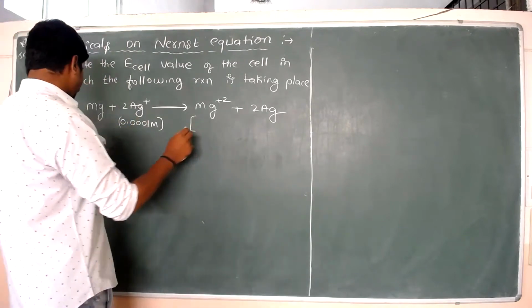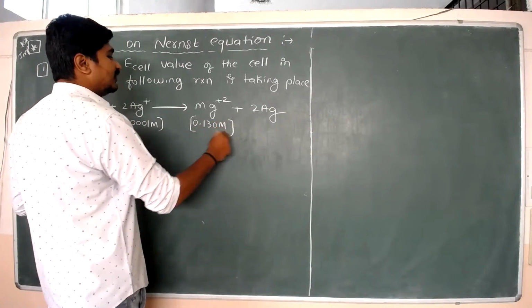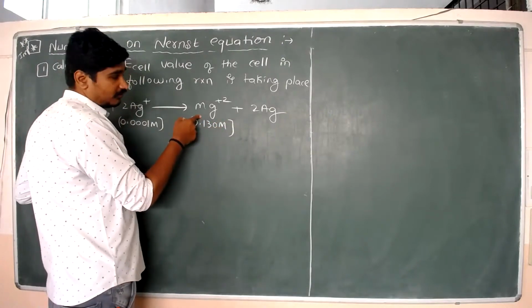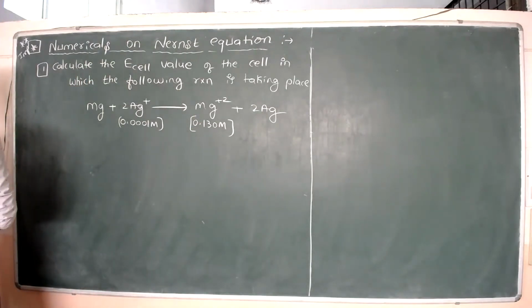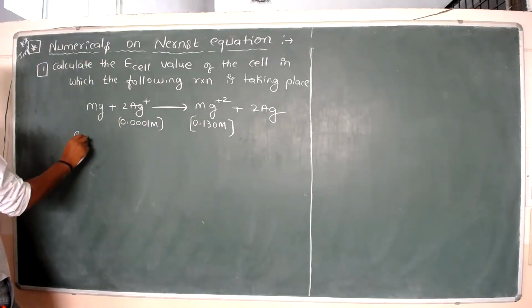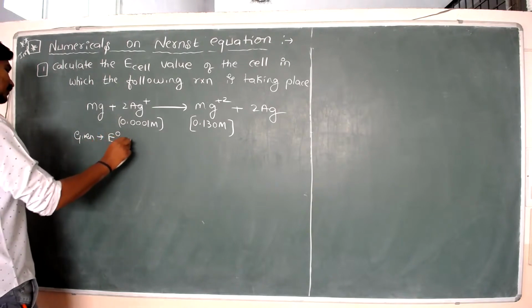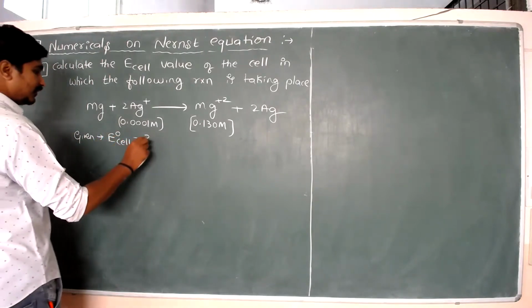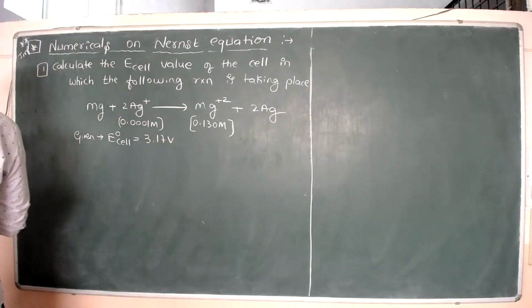Next, the concentration is 0.130 M, the concentration of Mg ions in the reaction. Already he is giving the value of E naught cell equal to 3.17 volt.